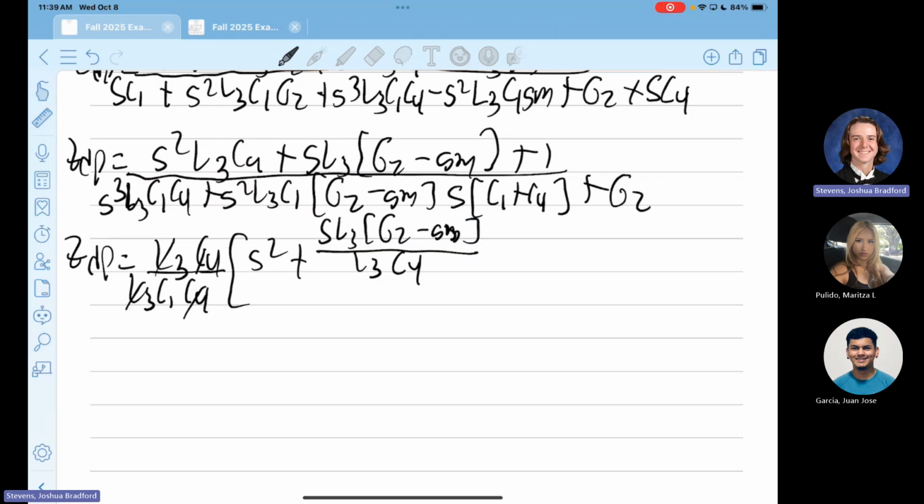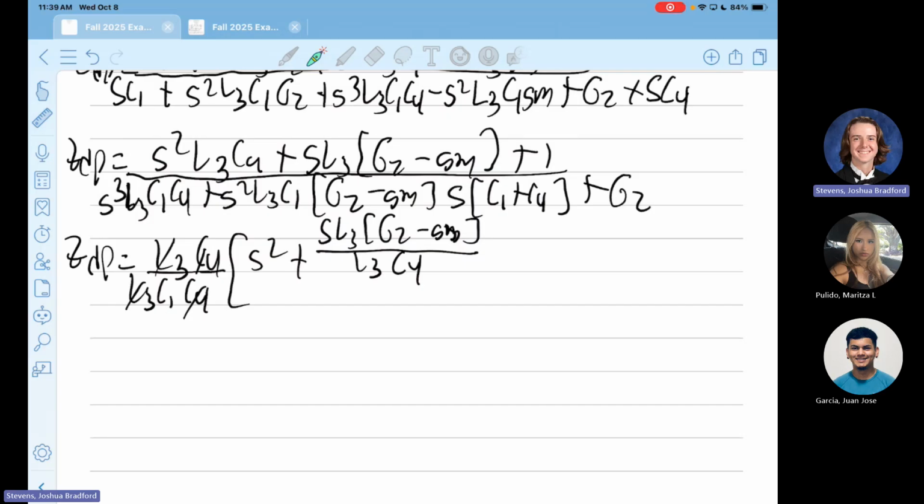Does everybody see why? We took out the L3C4 from that equation. If we were to multiply that back in to get this number here, we'd have to multiply it out again here to get this term here. So therefore, we divide this number by the L3C4. Does that make sense? Yay or nay?